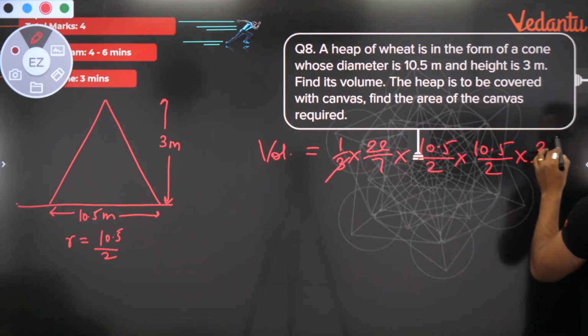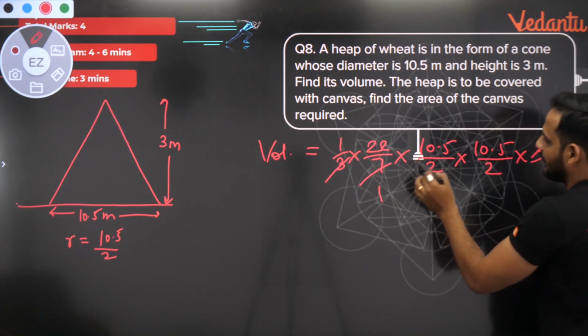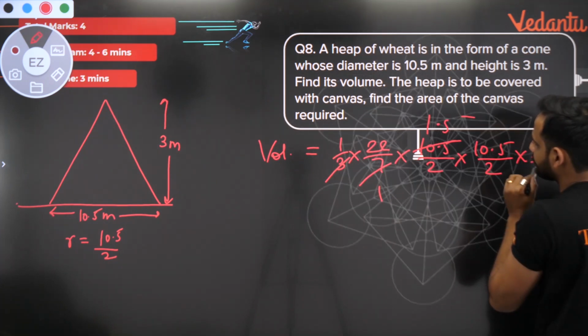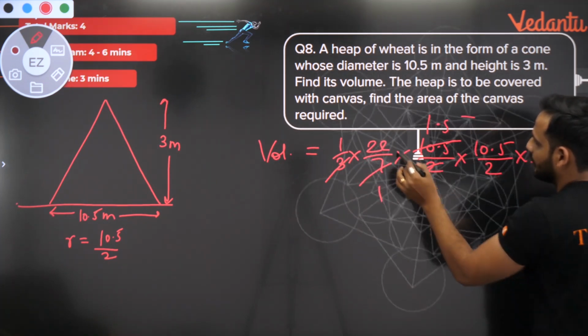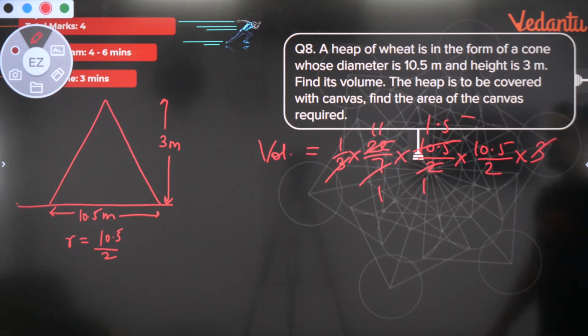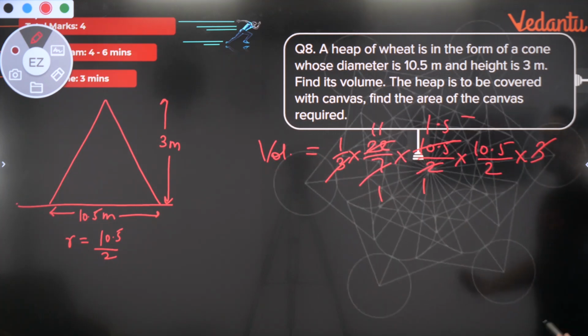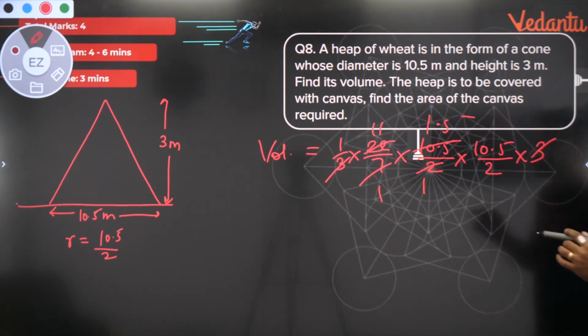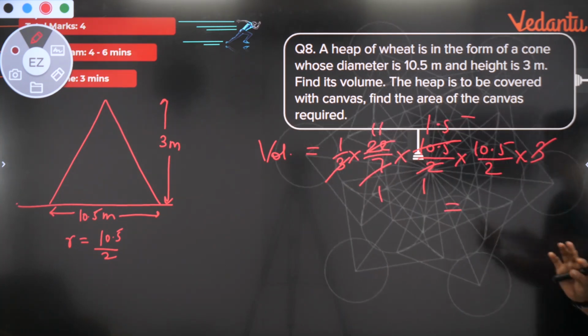This 3 and 3 got cancelled. 7 ones are 7, and then 11 into 1.5 into 10.5 divided by 2 you have to do. You will get your volume. That is calculation part. We can do it later.